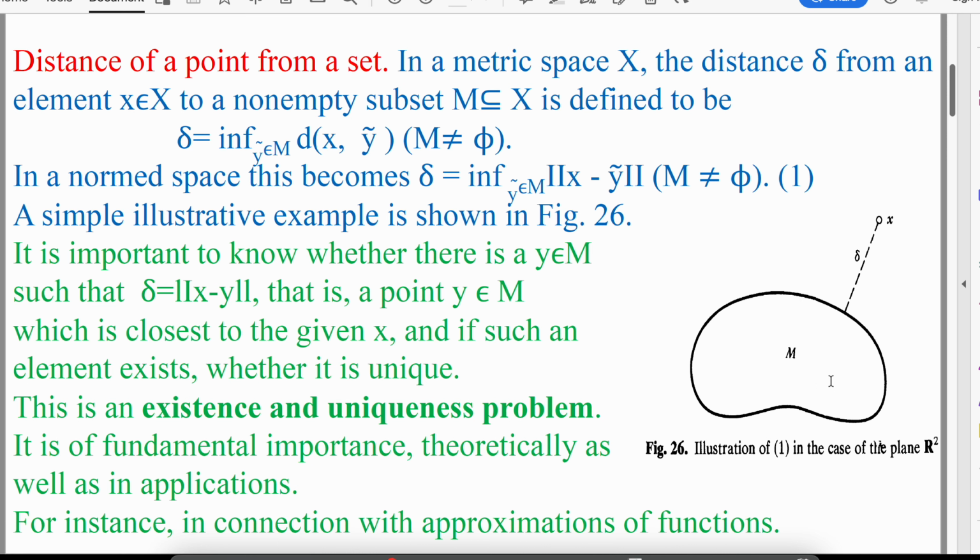That infimum is the distance of a point from a set.